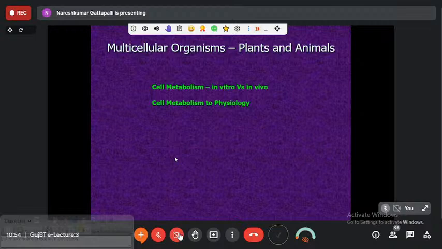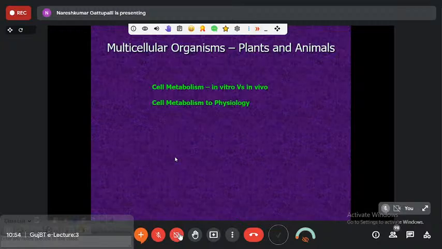We realize that the metabolism of a cell in vivo, the same cells in different locations and contexts, makes a lot of difference. So that is one of the major problems we need to understand. Second, as we said, simple biochemical pathways to metabolism.